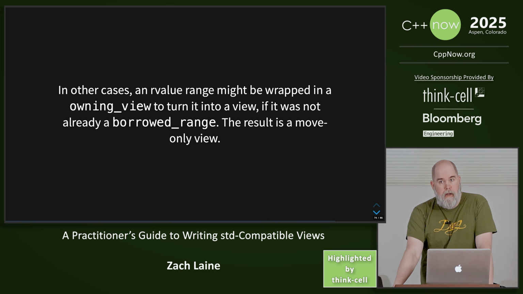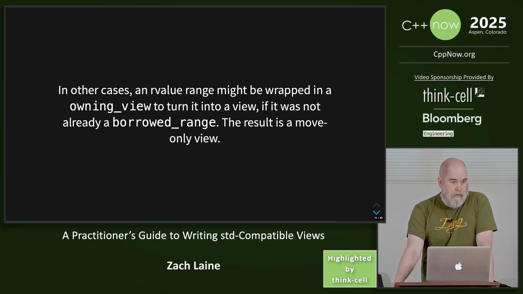Well, I don't have a good answer for that, but sort copy does make sense on a non-borrowed range, right? There is no sort copy, but there is partial sort copy. Yeah, okay. Sort copy, yes. I totally get it, because you're doing an in-place copy.